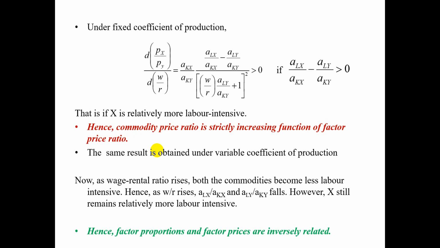Since labor is relatively more expensive, firms will try to substitute labor by capital. So ALX by AKX and ALY by AKY will fall in the two industries. But one thing should be noted, that X will still remain relatively more labor intensive.